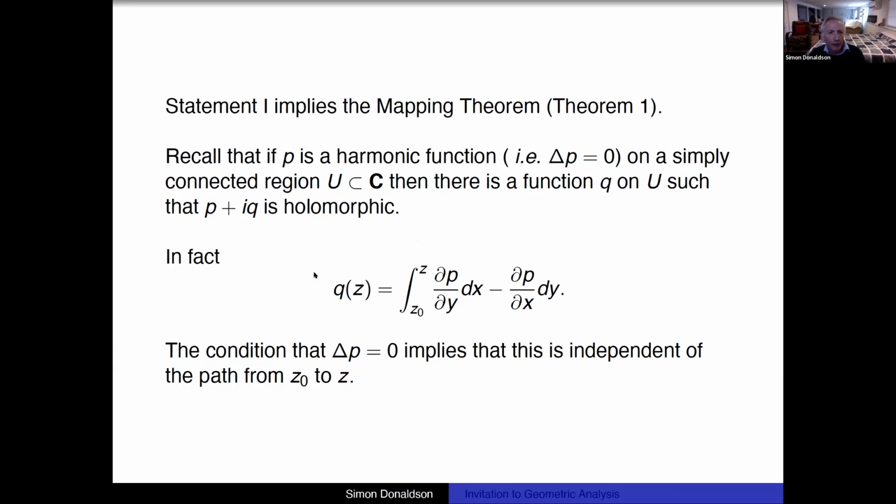In fact, we can define q by a path integral involving the partial derivatives of p, and the condition that this is independent of the path is precisely the Laplace equation for p. So this notation means that we fix some base point z0. For any other point z, we choose a path from z0 to z, and it's a fact that the hypothesis on p implies that this is independent of the path chosen.